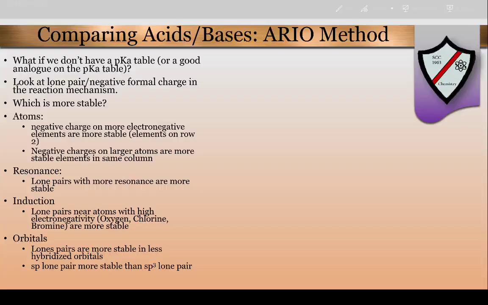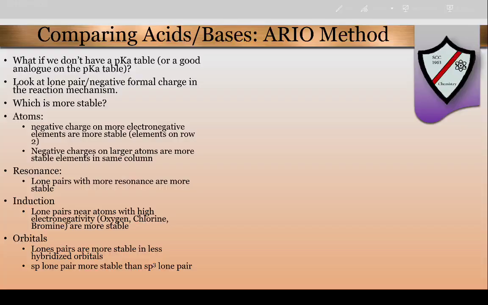And when we're implementing the ARIO method, often what we are doing is looking at the lone pair or negative formal charge formed on the bases, or the one that is already on the base in an acid and base system, and trying to determine where the negative charge is more stable, and stability of a negative charge leads to a molecule that has a low pKa. It's easy to give away the proton. It has a lot of acidic character.